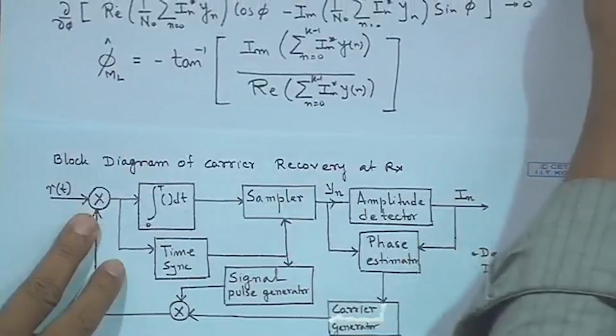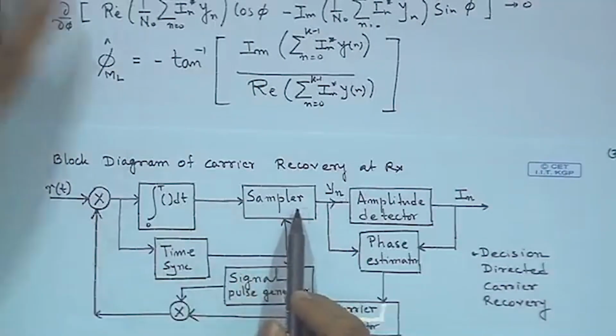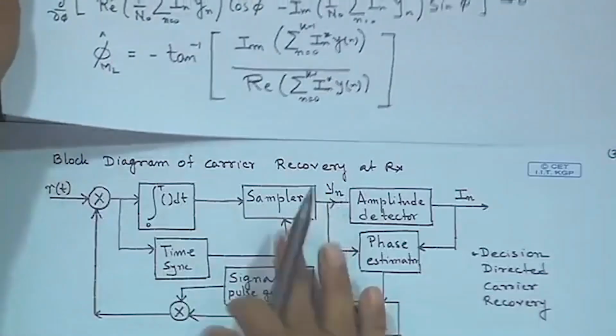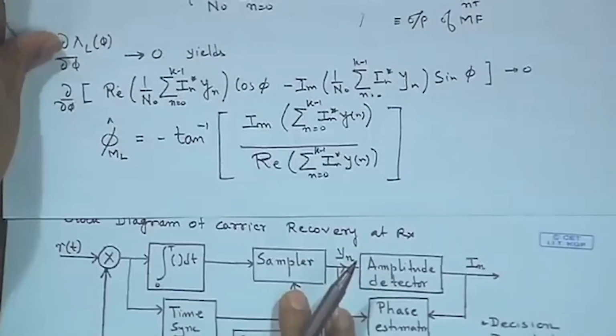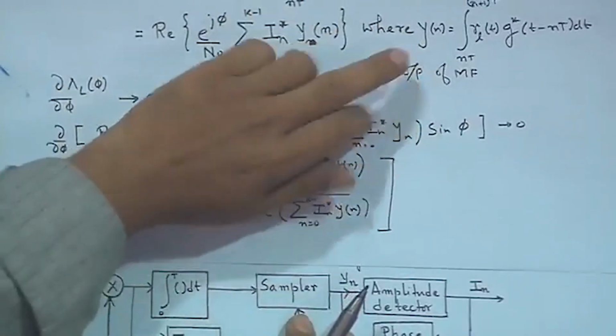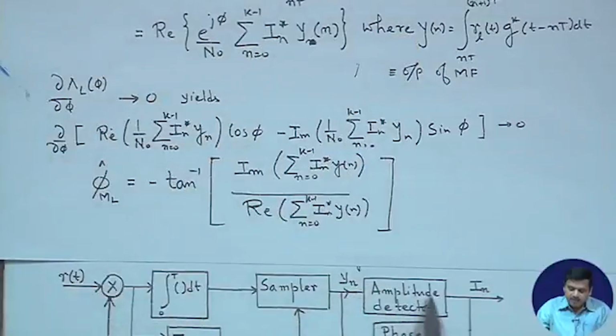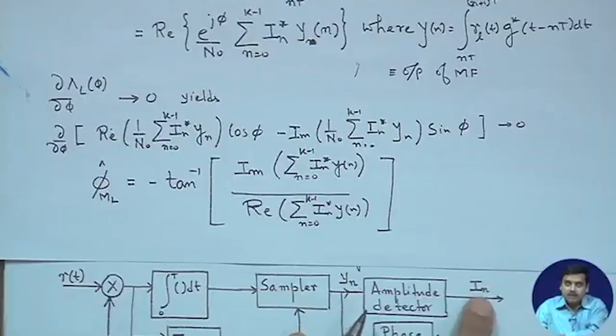In case of a rectangular pulse, you just need to integrate, sample it and get y n as we have here in this part. So, once you have y n, you would do an amplitude detection and you would find I n star. So, that has been detected.